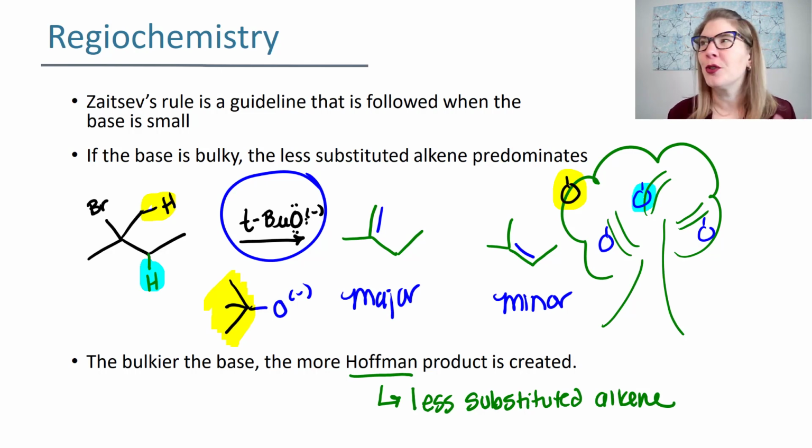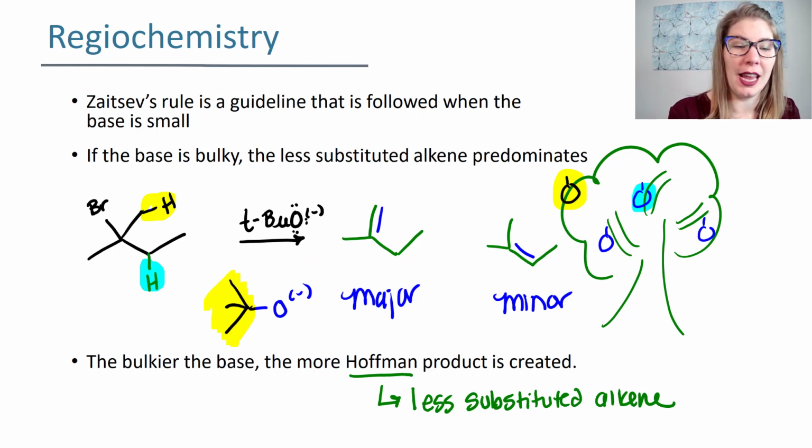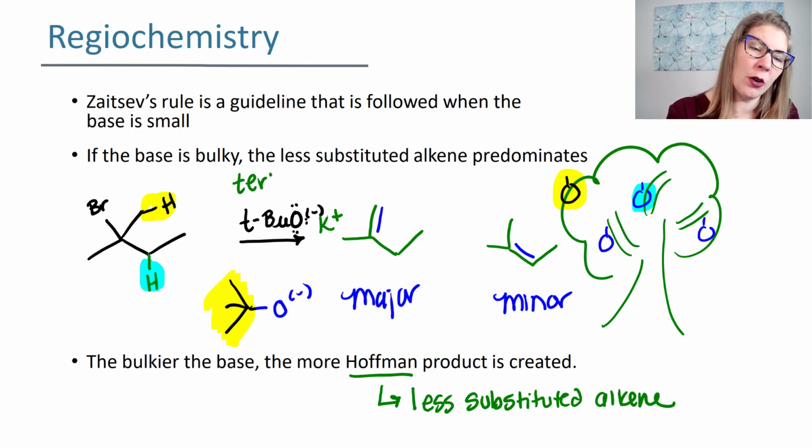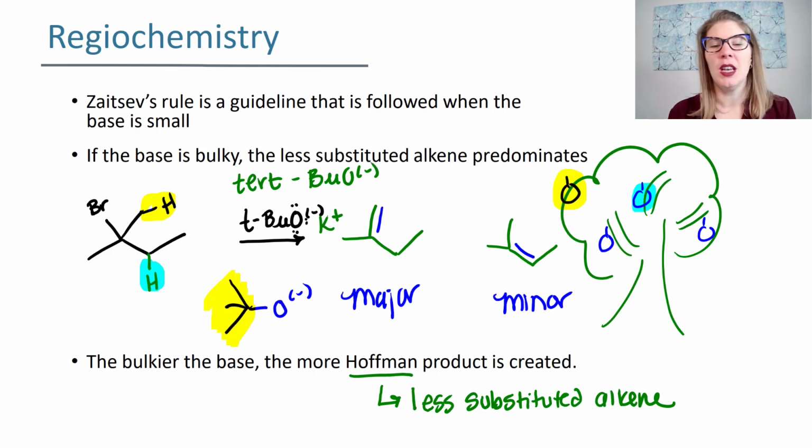Here's the problem. There's a whole bunch of ways to write out tert butoxide. You're going to see what I wrote here, the T-BuO-. You could see it with the potassium counter ion. So somebody could also include a potassium counter ion. They could write out the structure like I did below, or they could write out the word tert and then BuO-.